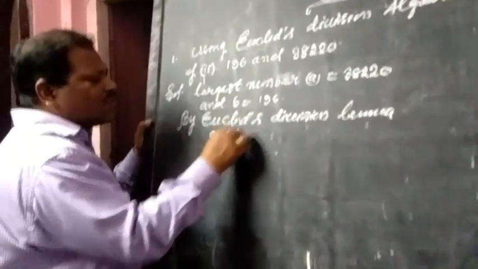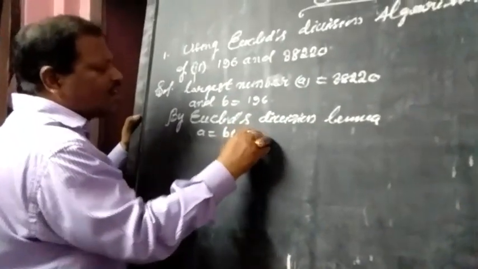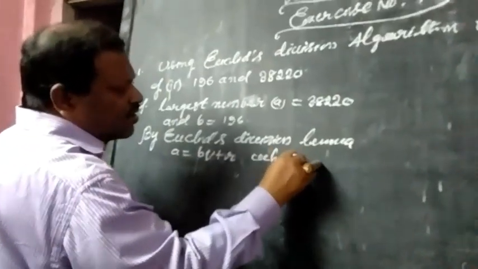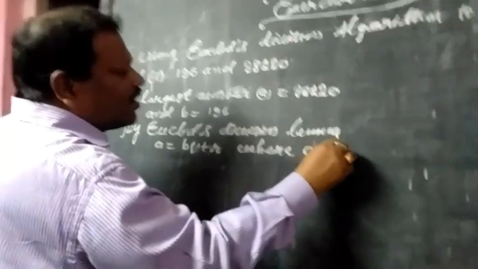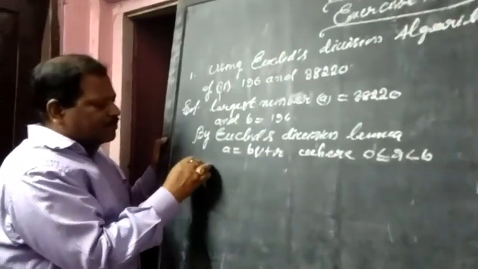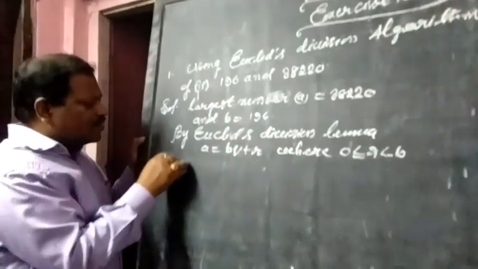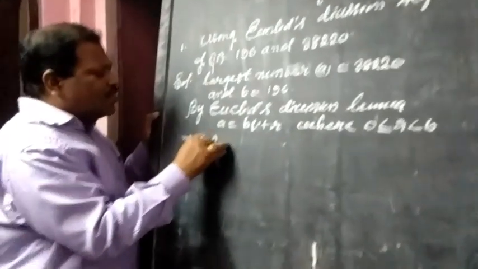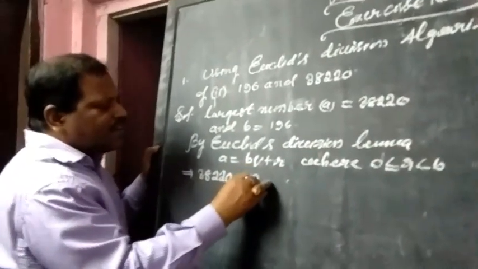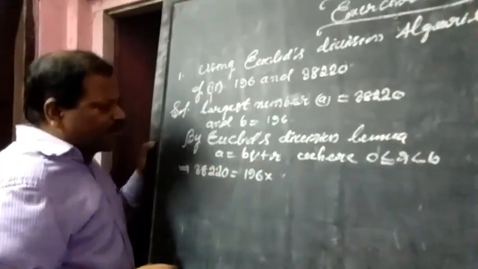A is equal to BQ plus R, where 0 is less than or equal to R, less than B. Same formula again. Understood? So what is the A value? That implies 38220. What is the B value? 196. Into how many times?